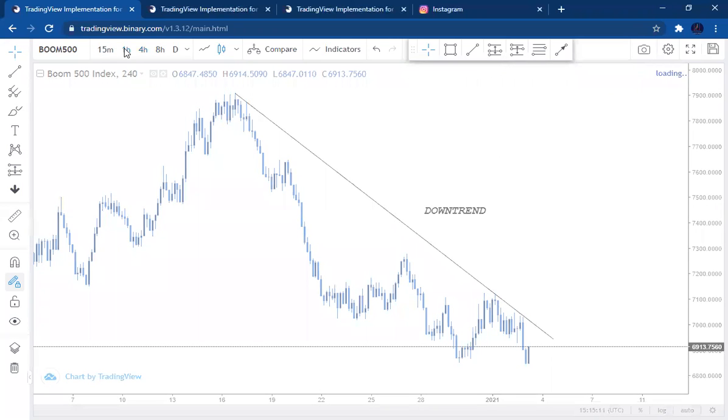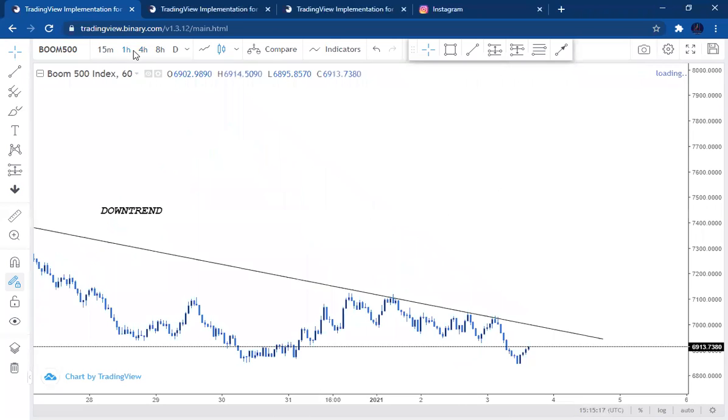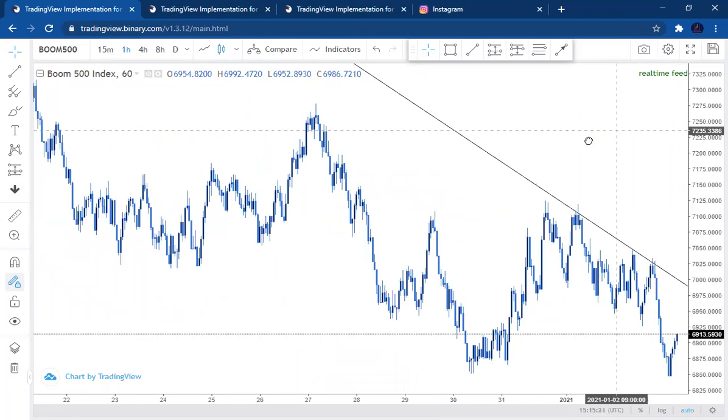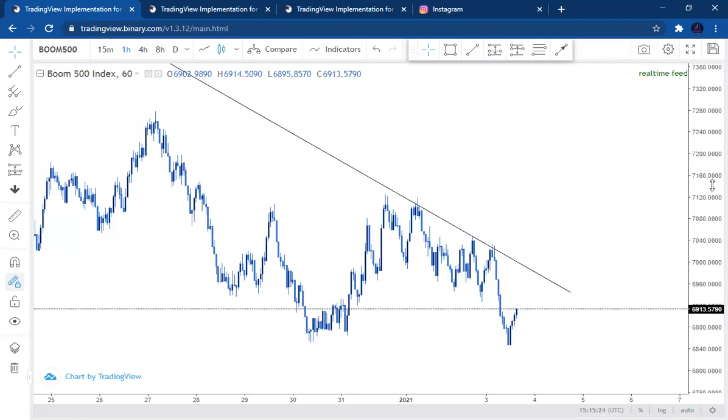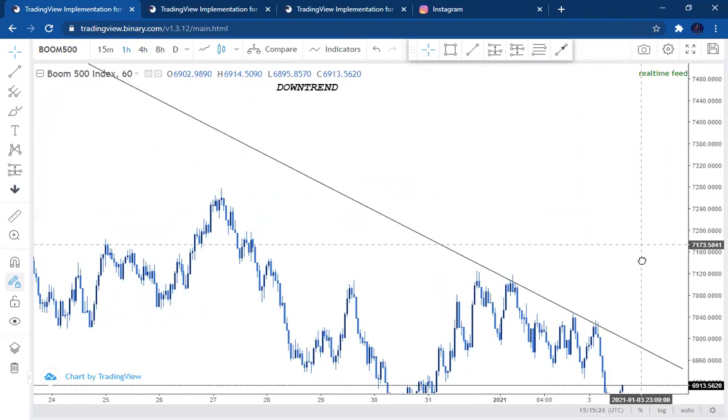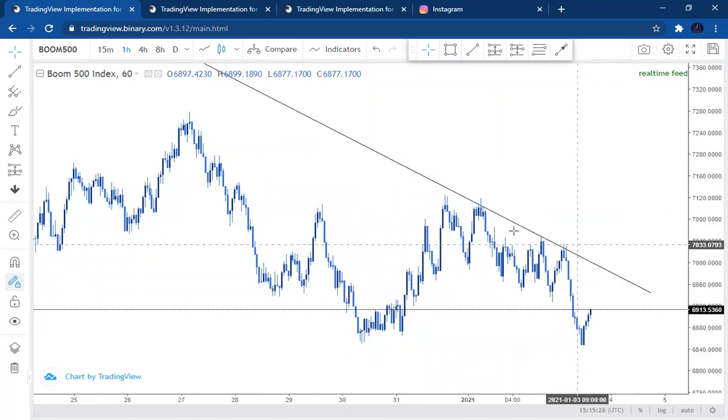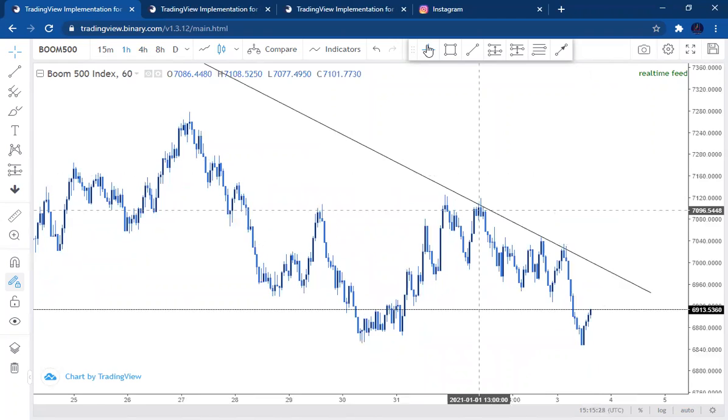Minor trend lines are trend lines drawn on the lower time frames, while major trend lines are drawn on the higher time frames. This is a major trend line here that is letting us know that the overall trend of the market is to the downside.